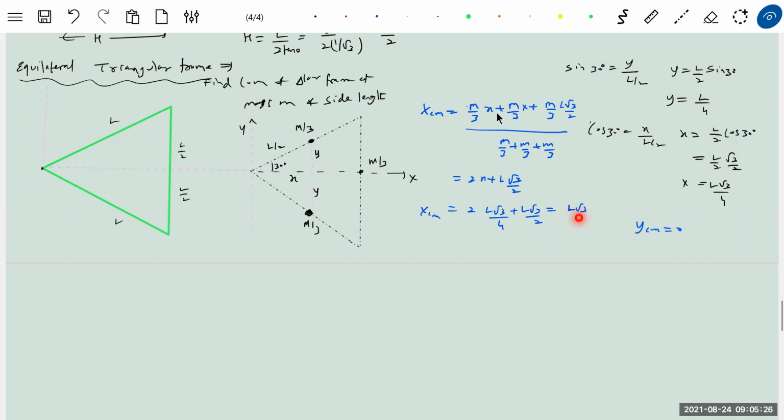Is it a centroid or something? Yes, sir. I think it should be the centroid. If you draw the medians and produce them, the center of mass of this triangular frame will be at the centroid of this triangle.